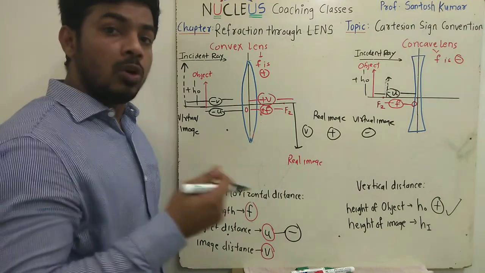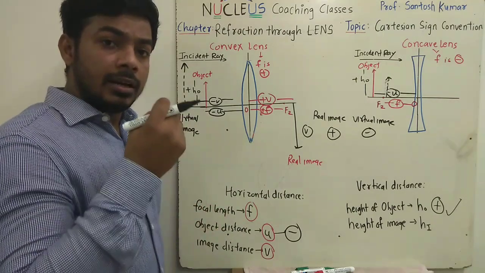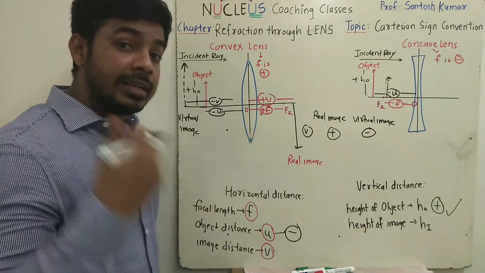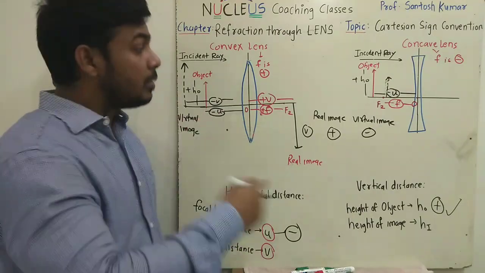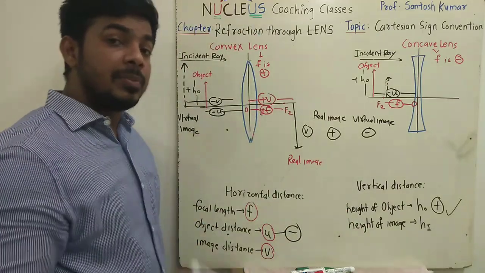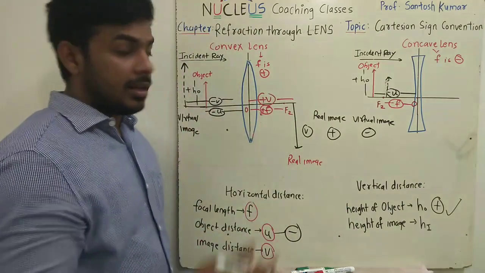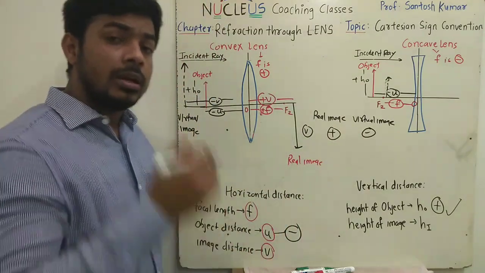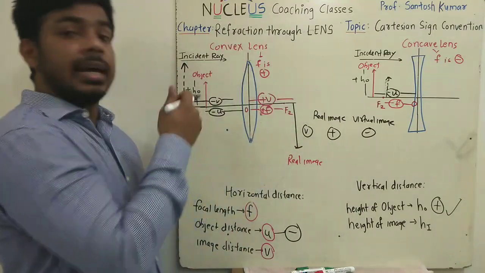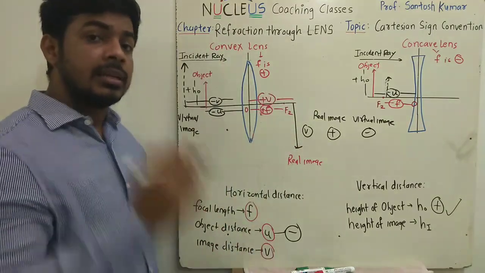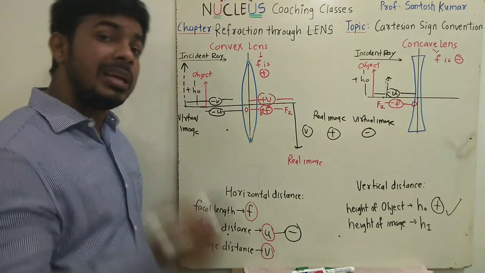So whenever you solve a numerical and it is found that the value of v is positive, you can directly say that the image is formed behind the lens, that is on the other side of the lens, which means the image is real. If the value of v is calculated as negative, then the image is formed on the same side as the object, that means in front of the lens, so the image will always be virtual.